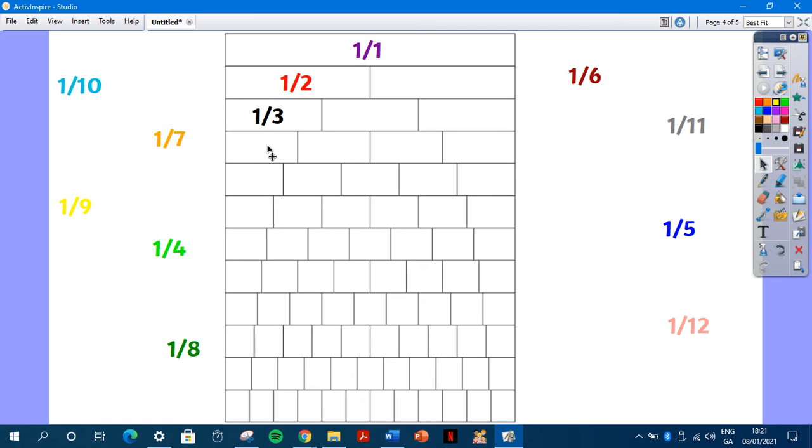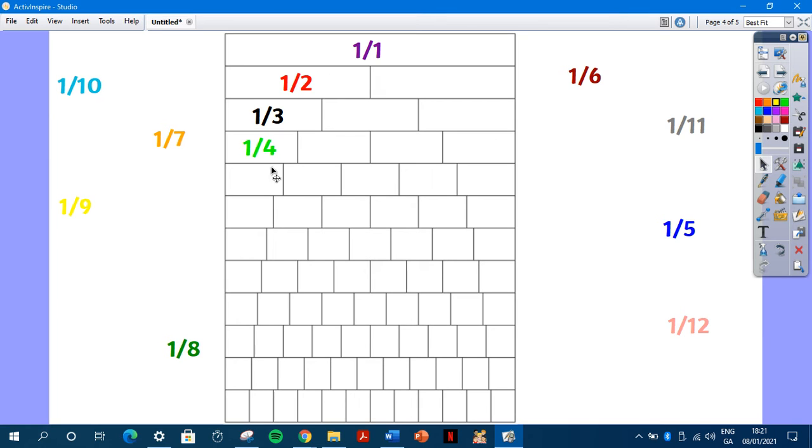It's 1, 2, 3, 4 blocks all together, and we're looking for 1 block out of it. So what's that fraction going to be? There's 4 blocks all together, and we're looking for 1. So it's going to be 1 over 4, or a quarter as we call it.